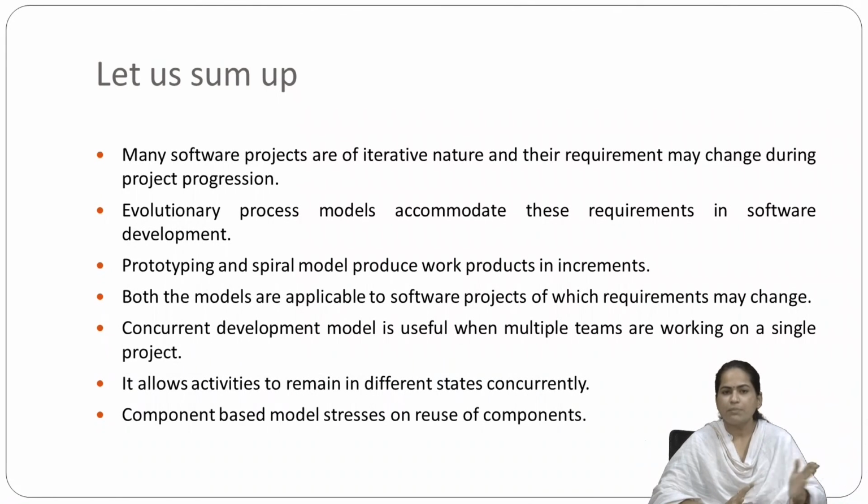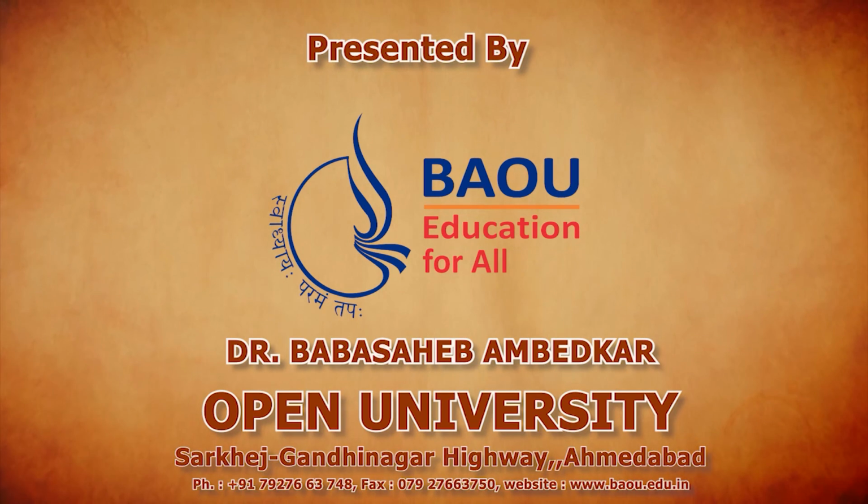And the component based model stresses reusability of components. So this is what we have discussed in this unit 3, evolutionary process models. So today we are stopping here. Remaining things we will discuss in the next lecture. Namaskar.